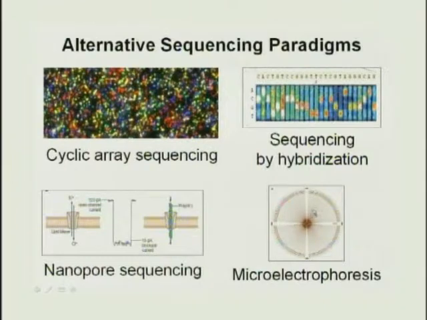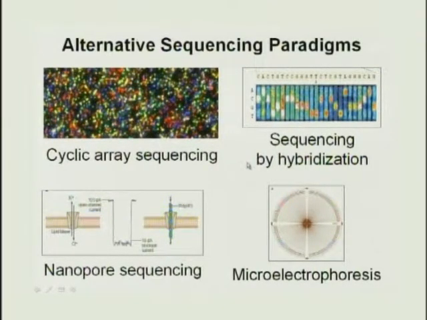Another idea was simply to multiplex the living heck out of Sanger sequencing. So here we have 384 essentially capillary gels, all pointing towards the center, and this is like a 384-plex Sanger sequencing reaction. People pursued microarray-based sequencing as another approach.